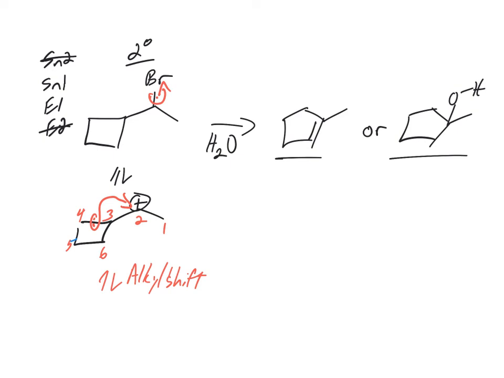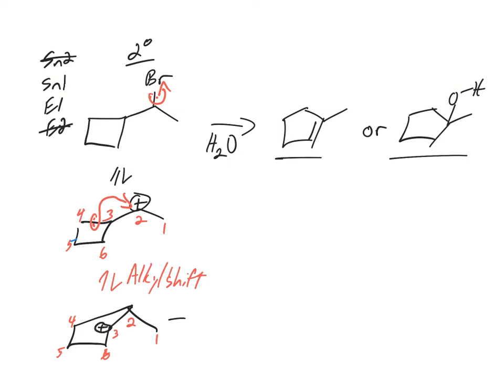We'll do the ugly version first. So 1, 2, 3, 4, 5, 6. Where should there be a plus charge? Nope. 4 got a new bond. 4 is now bonded to 2. So 3 should have the plus charge.